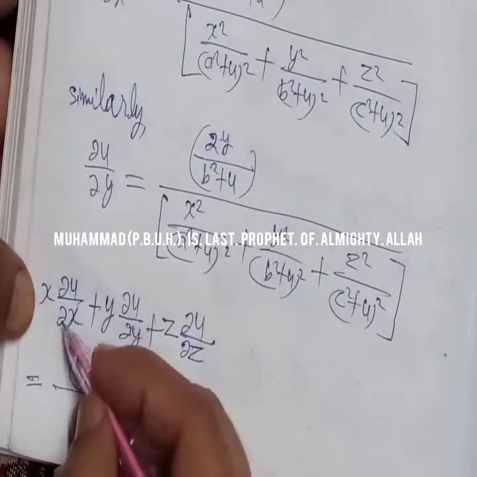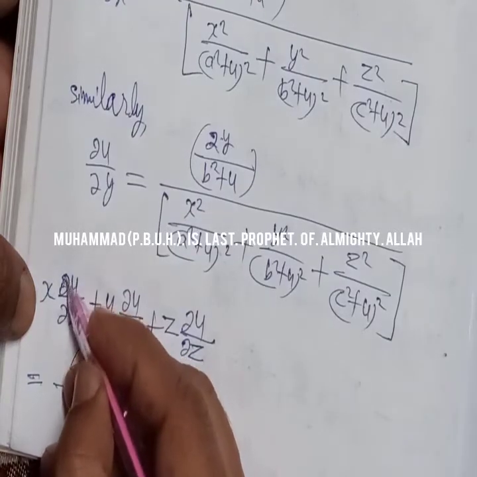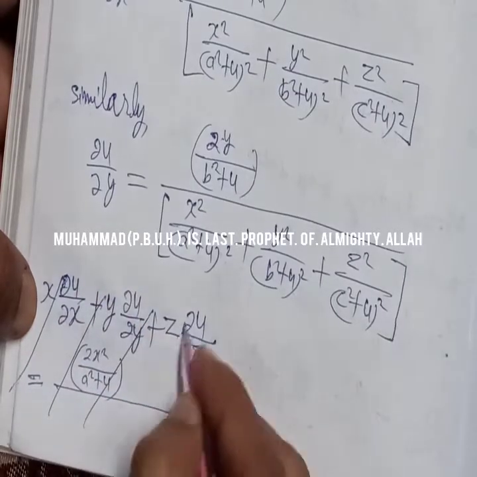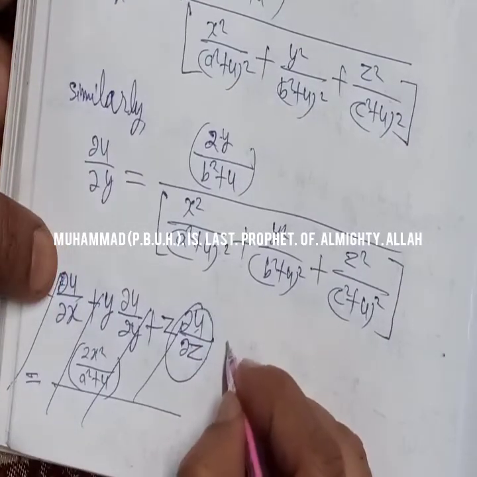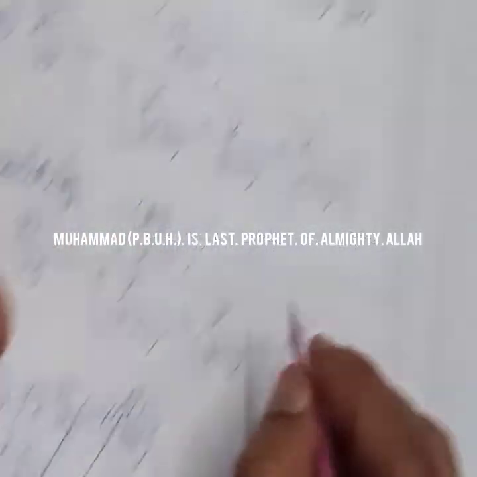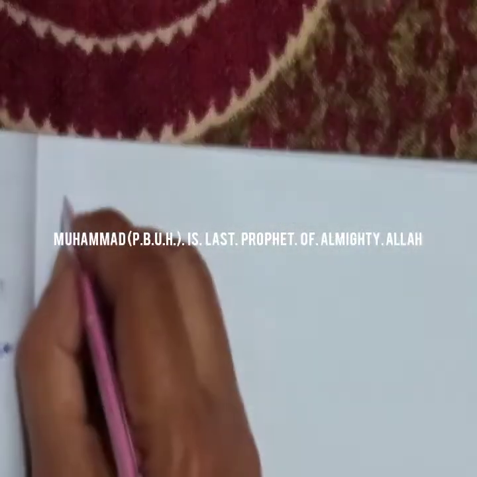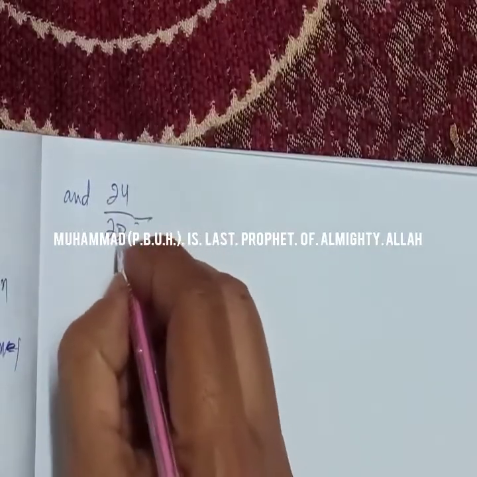I write the third term also, because we need this value here. Similarly this value, and del u over del z.